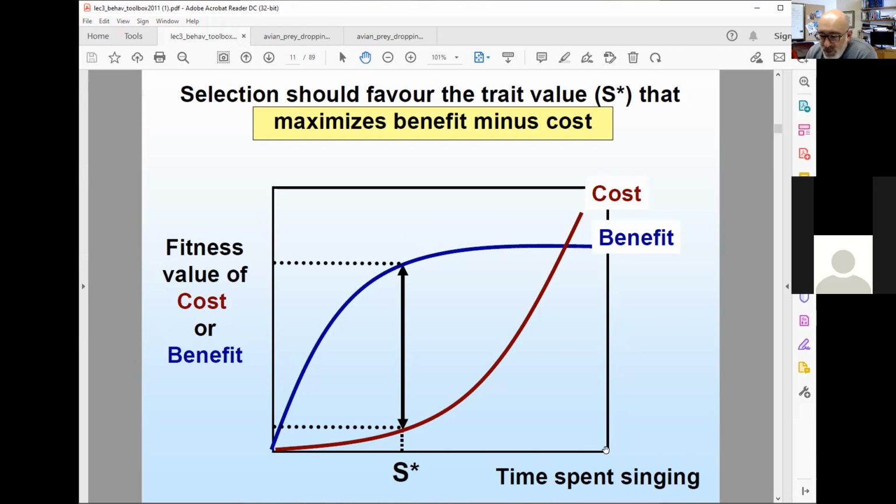What is the time spent singing at which there is the maximum difference between the cost and the benefit? So imagine here we've got the cost curve that's increasing continuously over time spent singing, and then we have the benefit curve. And as I mentioned, it has a period of diminishing returns after a certain point.